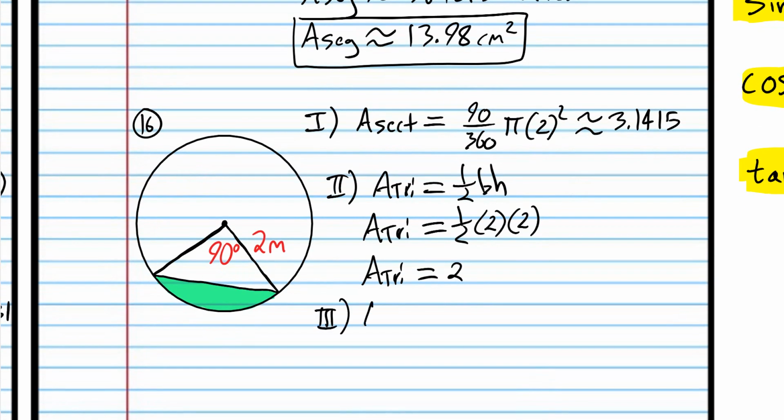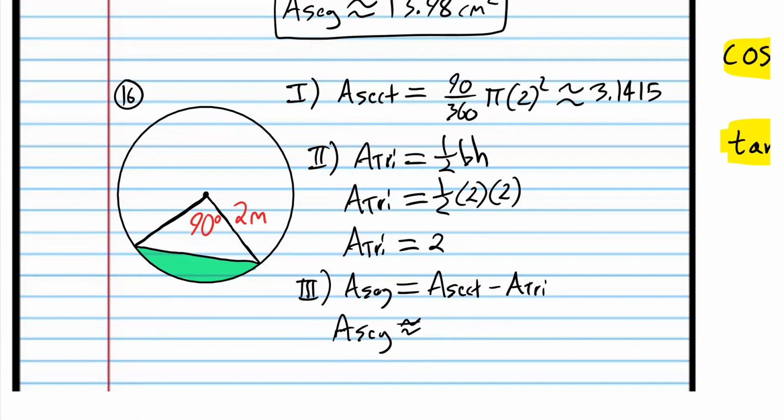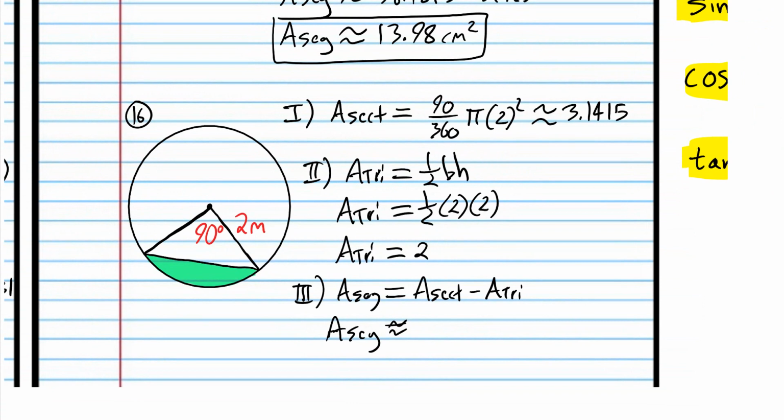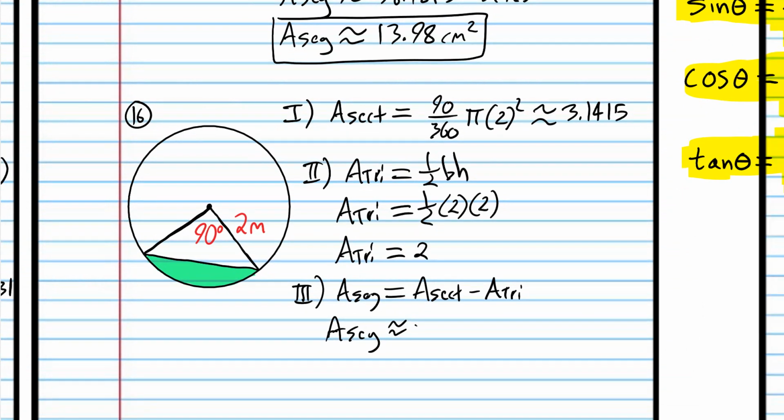Last step, area of the segment is equal to area of the sector minus area of the triangle. And again, you don't have to write all of this out. As long as you know the basic idea, you're good to go. So area of the sector is 3.1415.